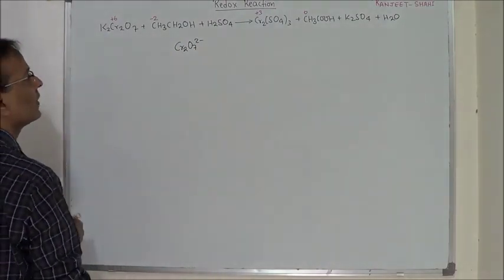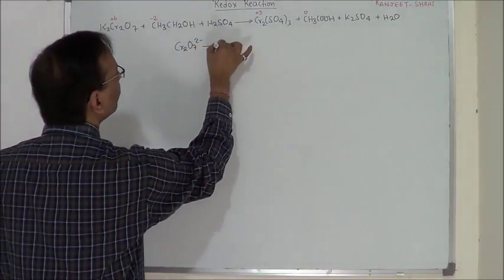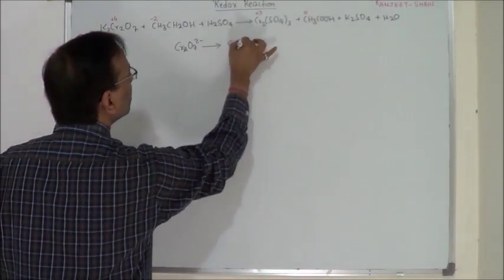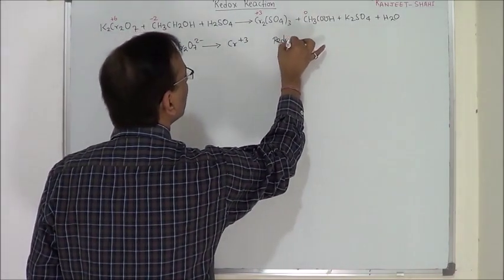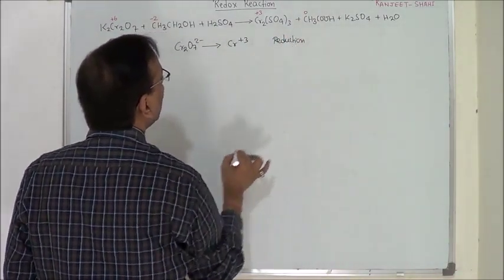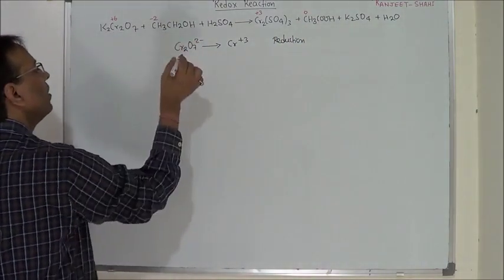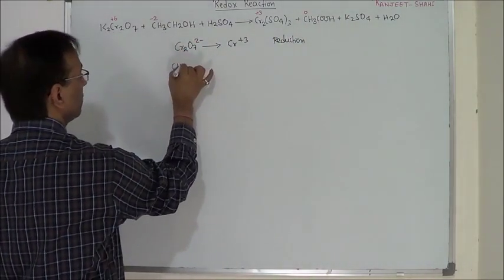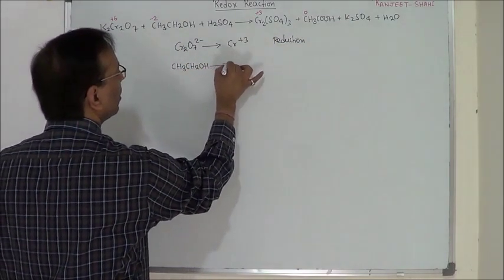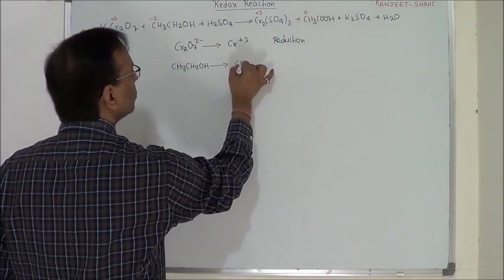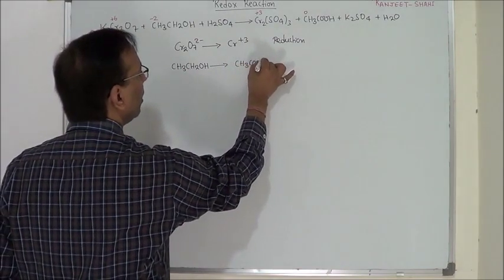So dichromate ion is giving Cr3+, it is undergoing reduction, and ethanol is undergoing oxidation. Ethanol is undergoing oxidation to acetic acid.